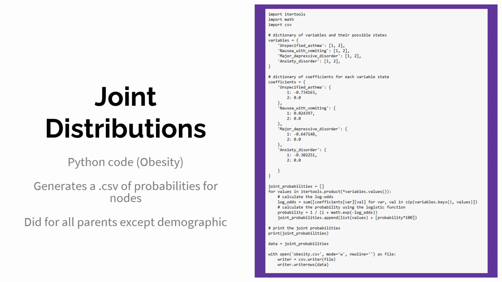So you can see the coefficients that were significant that were in the table of the last slide were unspecified asthma, nausea with vomiting, major depressive disorder, and anxiety disorder. And that's specific to obesity. After inputting that, this code will give you a CSV file, which you can then use to calculate the probabilities for that particular node. So this one is for the obesity node.